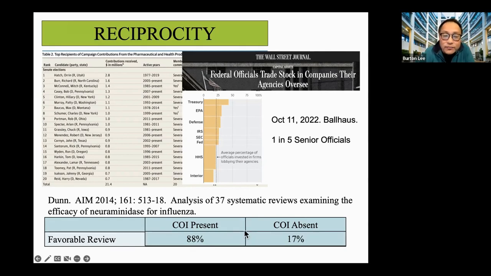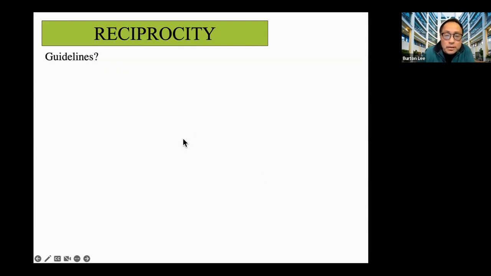But if you had a conflict of interest, that is, one or more of the authors had some financial ties to the company that makes Tamiflu, 88% of those systematic reviews said this drug seems to work. In contrast, very few of the ones that did not have a conflict of interest said that this class of drugs has any real efficacy. Okay? So this idea of reciprocity is something very important for us to think about.